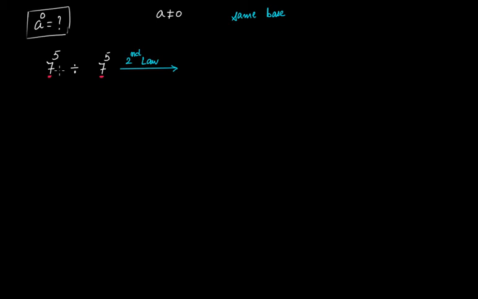So we have the same base, right? So the second law of exponents says that if you have two powers having the same base, then you simply write the base, and then from the exponent in the numerator, subtract the exponent of the denominator.